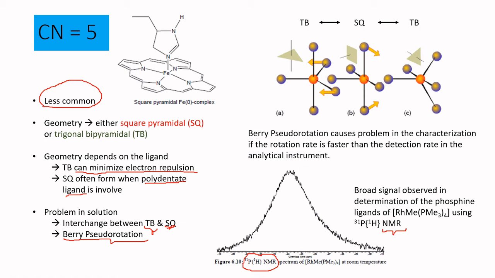For example, the ligands are all phosphorus ligands, say you have 5 phosphorus ligands. You should detect at least 2 types of phosphorus ligand, but then you will get only one broad peak, which is not very good in terms of characterization.